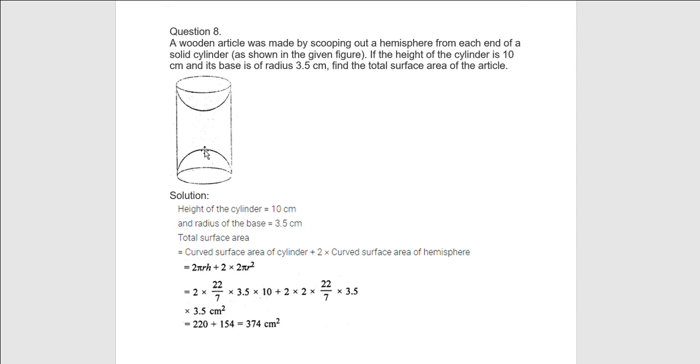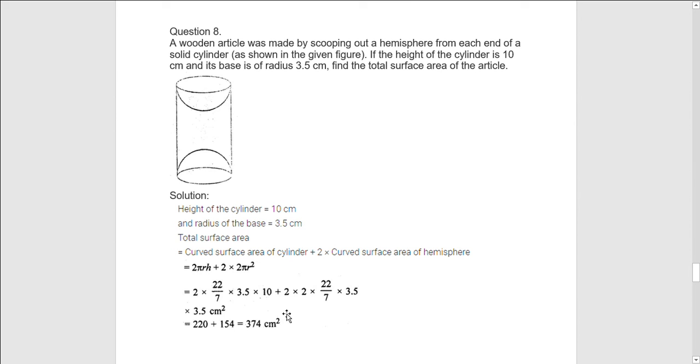If you carve out a cone, you will see that when you carve out the cone, the impression of the cone will be there. It means that is curved surface area. That will be added, will not be subtracted. So 2 pi r h plus 2 into 2 pi r square. And here the base is the same for hemisphere and for cylinder. So radius will remain the same for the hemisphere and for the cylinder.